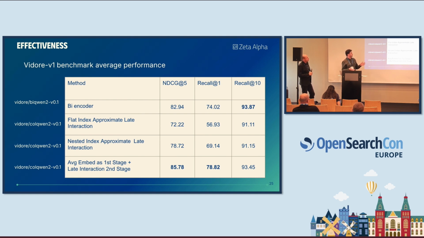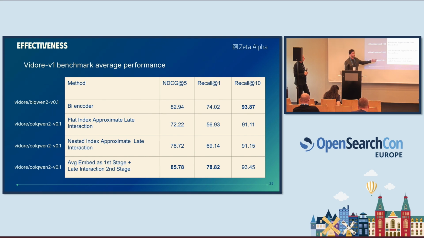The flat index approximate late interaction, I would say, is not a good approach. It's fast, but the bi-encoder is faster, and it's outperformed by the bi-encoder. The nested approximate late interaction performs a little better, but again, as I said, you need a really good first stage retrieval to actually make this perform, because right now it's using not too many vectors, so it's not a good enough approximation.